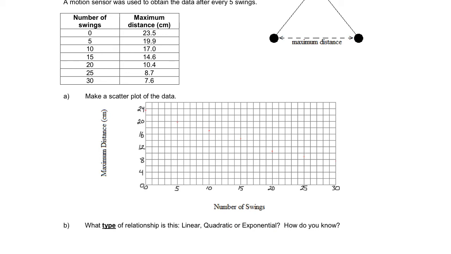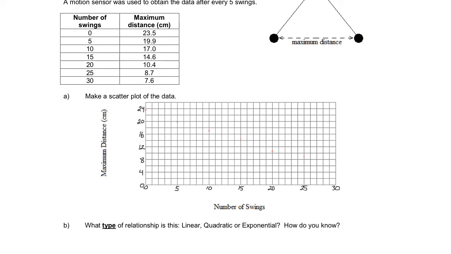Well, if I look at this scatter plot, it could be a line. It could be some kind of a curve, but I don't know what kind of a curve. So sometimes you can't just tell by looking at the graph because these points don't line up perfectly to anything that I saw on the previous page. So I need another way of knowing what type of relationship this is.